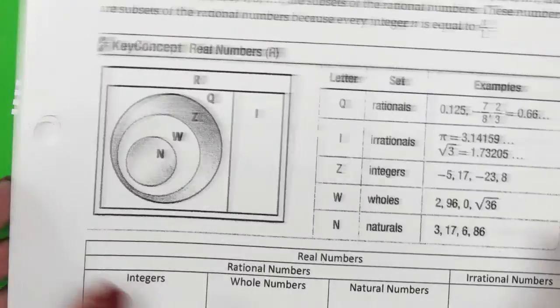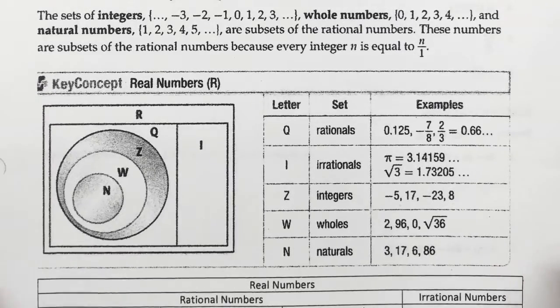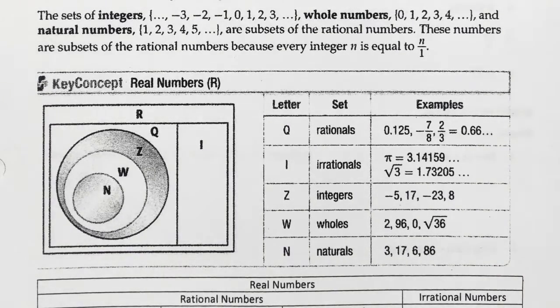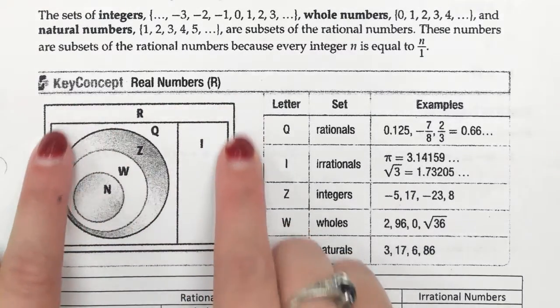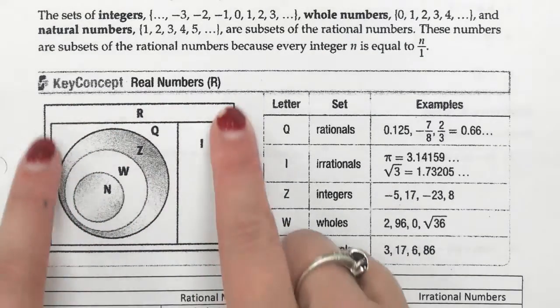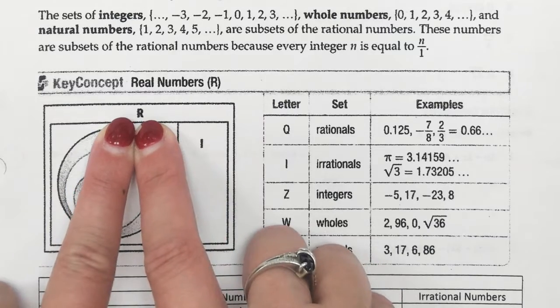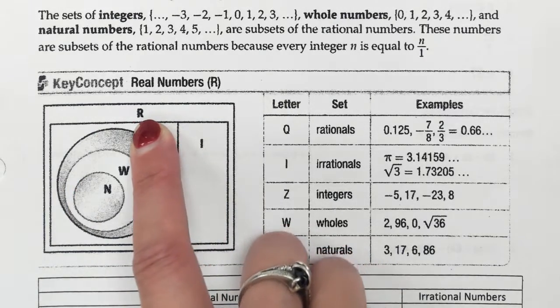Y'all okay? You ready to go? All right, look at this chart. That chart is going to be your best friend, okay? So let's look at it. You see the big box, the whole big box? Every single number is categorized or classified as what kind of a number? How'd you know that R stood for real?